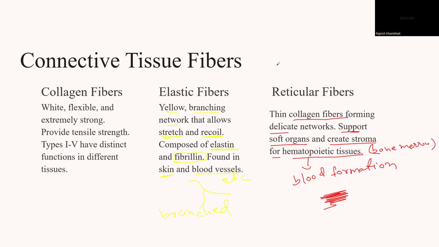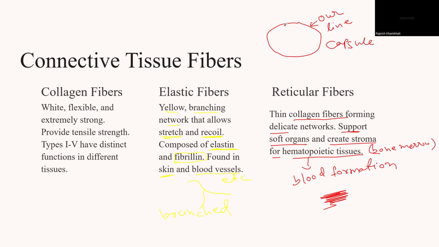Like if I draw an XYZ gland, for example, or any organ. This will be the outer line, which is sometimes known as the capsule, for example in the kidney and the liver.